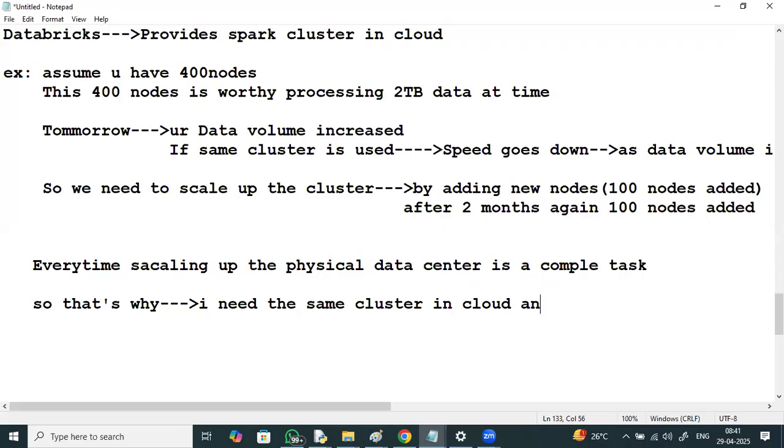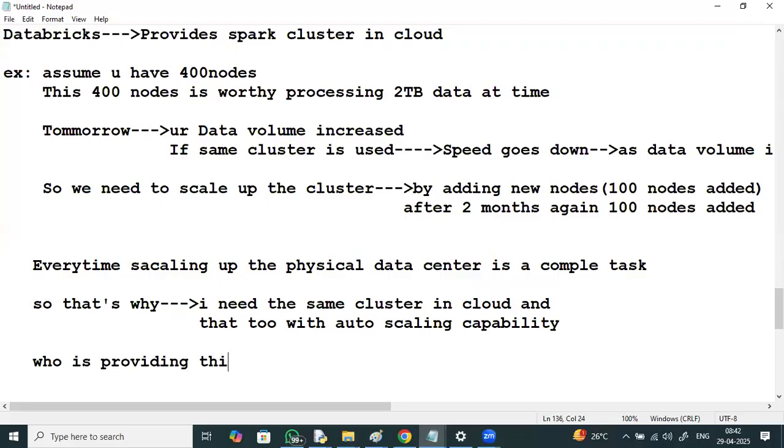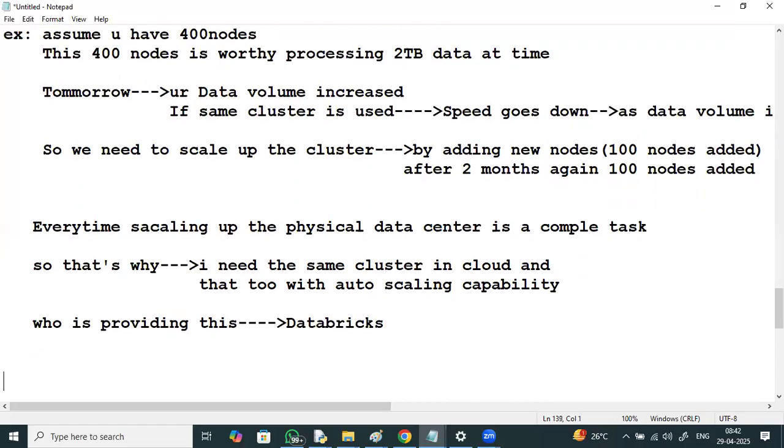And what features am I expecting? I need the same cluster in the cloud, and that too with auto scaling capability. So who is providing this? Databricks.